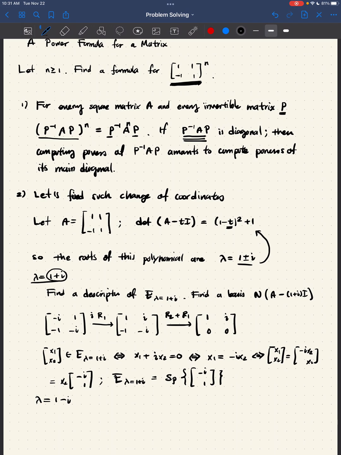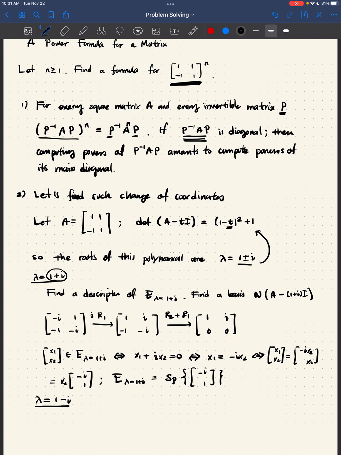Because every square matrix with real entries that has a complex eigenvalue also has its conjugate as one of its eigenvalues. That's one of the properties of the characteristic polynomial, right? Roots of polynomials with real coefficients. Okay, so now let's explore the next one.